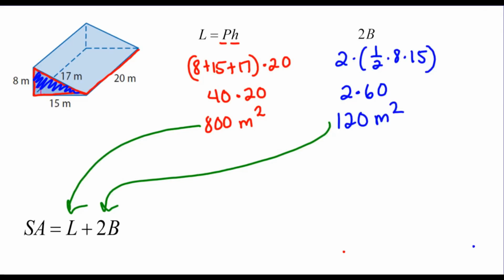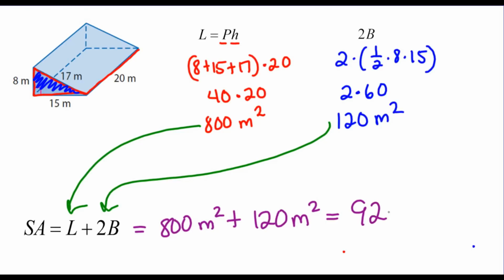So I just need to add these two together. 800 square meters plus 120 square meters is a total of 920 square meters of surface area. And that's surface area of prisms. Really, the basic idea there is two bases plus the lateral surface area, the area of all the rectangles on the sides.